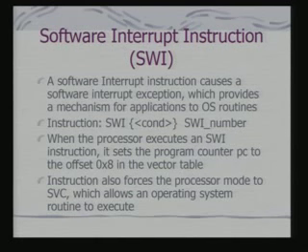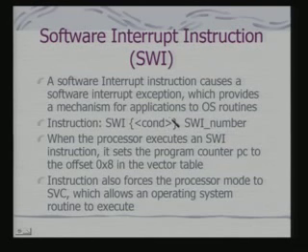Typically you have this instruction SWI, the software interrupt instruction. Just like any other ARM instruction, I can have a condition code associated with it, and a software interrupt number associated with it.